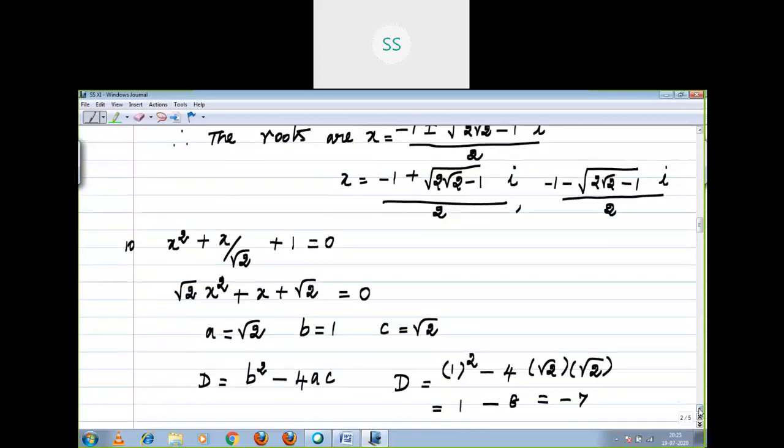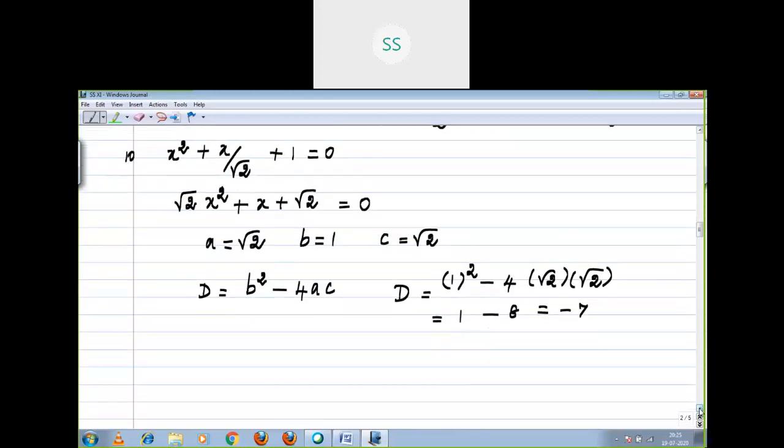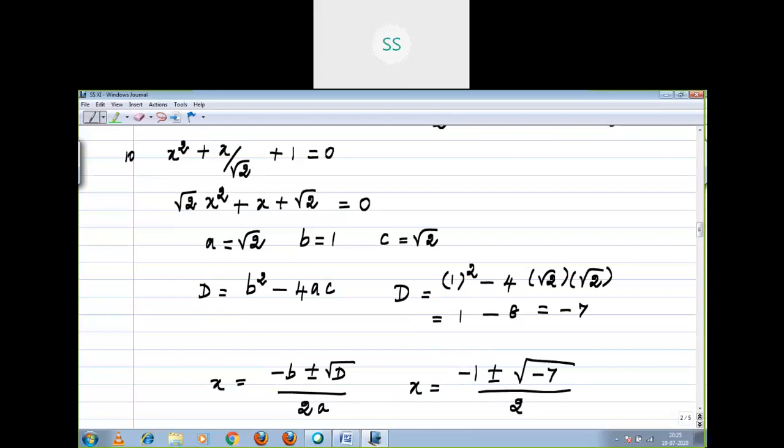Next, x is equal to minus b plus or minus root d divided by 2a. Your b is 1, so x is equal to minus 1 plus or minus root minus 7 divided by 2 root 2.